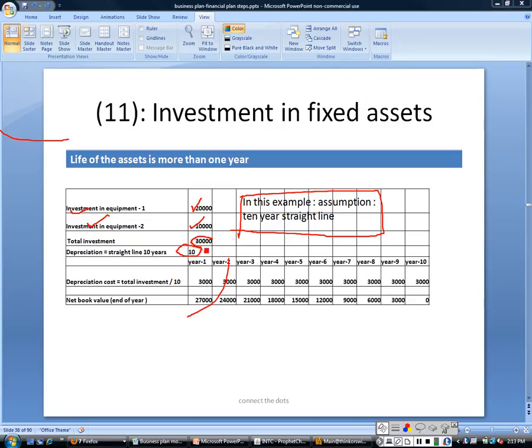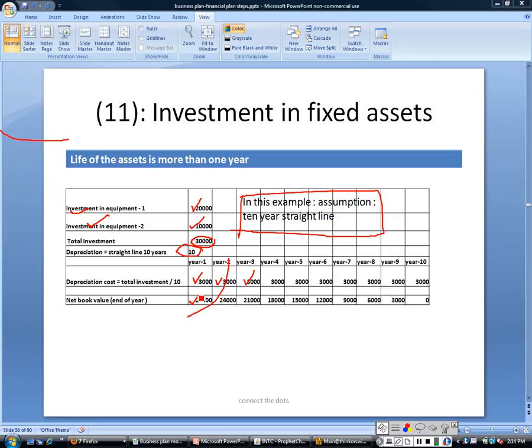I'm spending $30,000. 10-year depreciation means every year I depreciate one tenth of it. So what happens to my book value? Book value basically means that I have something that was $30,000 when I bought it on day one, and the book value was 30.